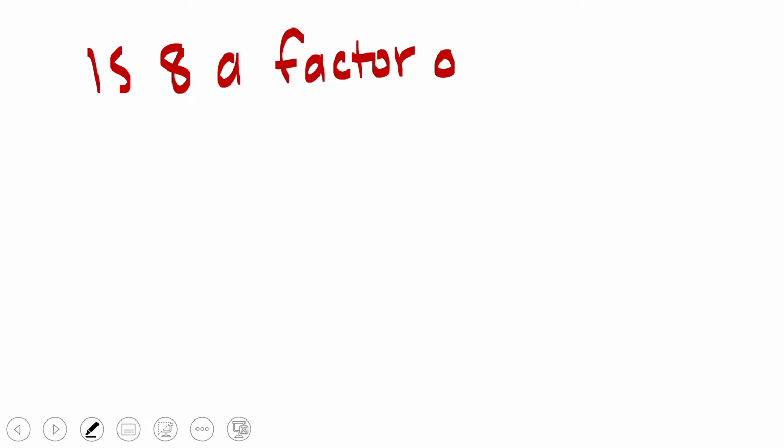What if you're asked to find out whether a number is a factor of another number? For instance, is 8 a factor of 104? You divide to find out.